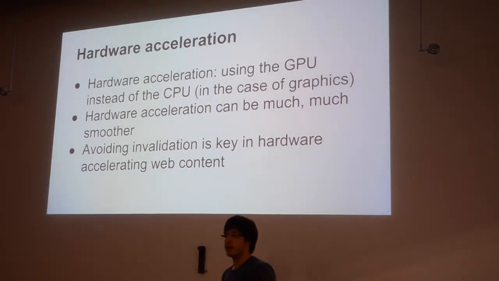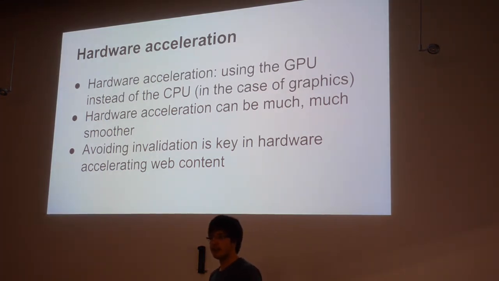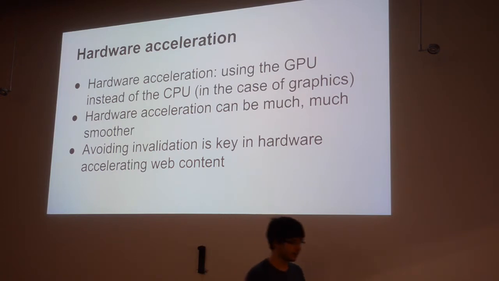The point of hardware acceleration is that we can make things much, much smoother, but only if it's used correctly. The key to hardware accelerating things and actually having it be faster than doing these things in software, and by software I mean doing them on the CPU, is that we have to avoid invalidation whenever possible. As long as we're not invalidating things that we don't need to, then we'll have the benefits of hardware acceleration.